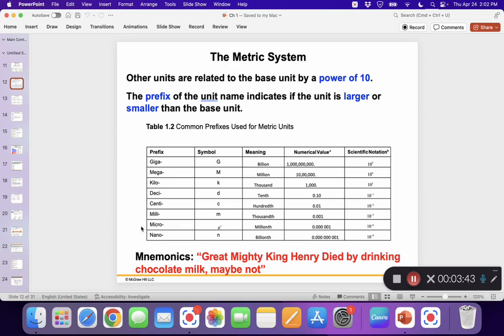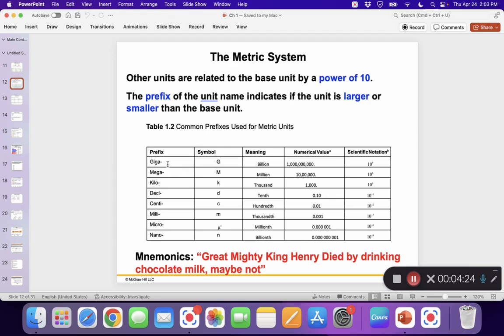Let me talk about how they are related. Let's say I'm talking about meter: 1 meter will be equal to 100 centimeters, or 1 kilogram will be equal to 1000 grams. When I say kilo, I'm talking about 10 to the power 3 times the base unit. When I say mega, it is 10 to the power 6, or a million times larger than our base unit.